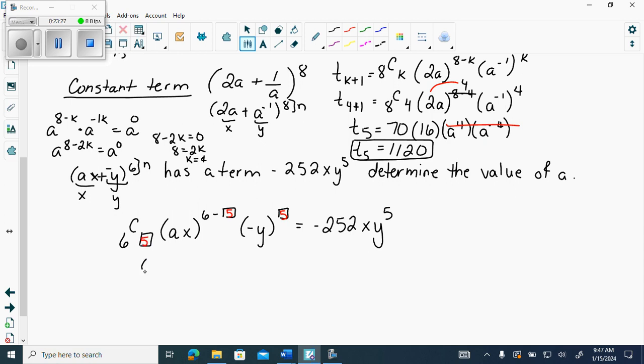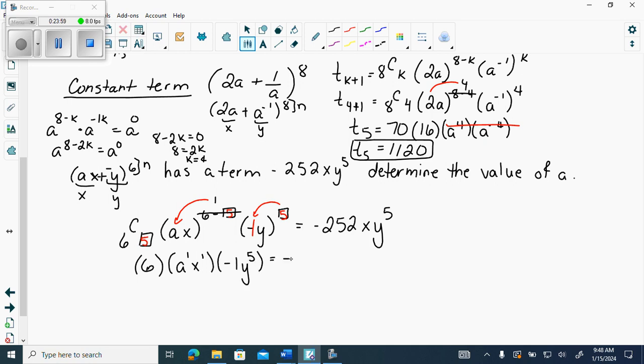6C5 should be 6, I believe. And then what we have to remember to do is we have to remember to distribute the exponent to the a as well, guys, right? If you distribute it to your numbers in front, a to the 1 doesn't really do anything, that's okay. If it was like a 2 or a 3 or a 4, everyone forgetting to distribute that, because you have to square root or cube root at the end, is a common error, right? Forgetting to do that. So this would be a to the 1, x to the 1, negative 1 to the 5, luckily is negative 1, y to the 5.